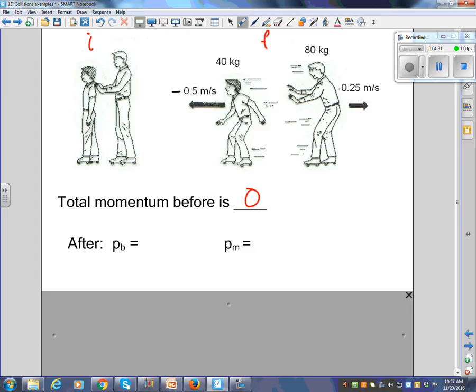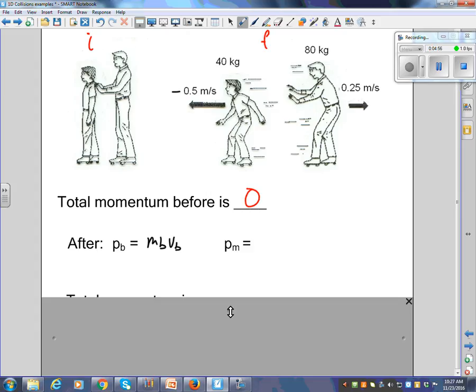PB, momentum of the boy, would be mass of boy times velocity of boy, and I warned you about the subscripts. MB stands for mass boy. VB, velocity boy.